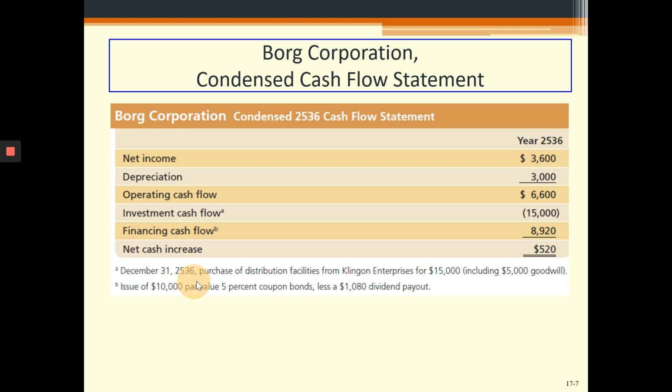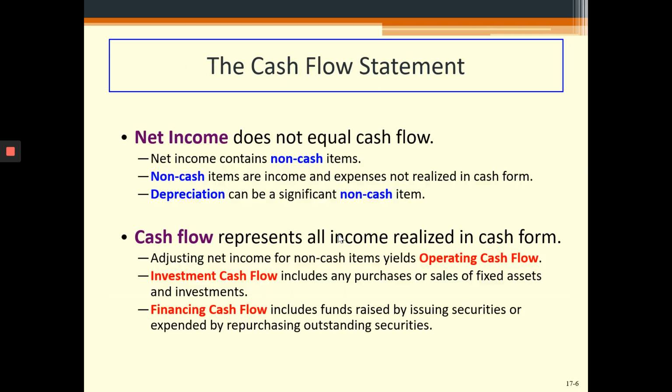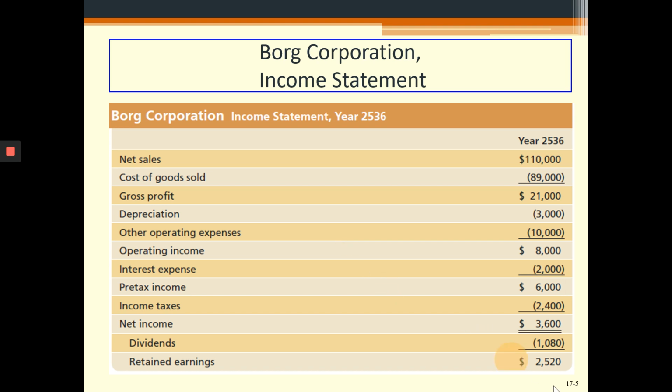And 1080 they paid as a dividend. If you see on few previous slides, this 1080 is actually this one dividend.